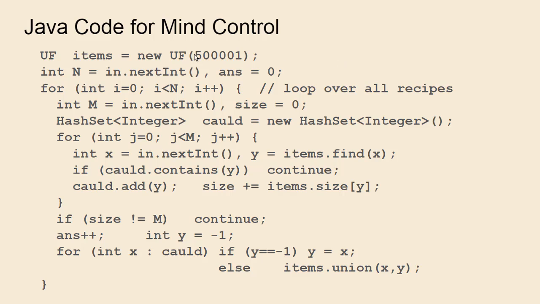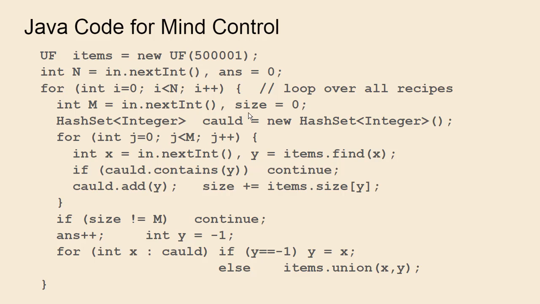We create this UnionFind because the problem says at most there's this number of items, so that's the size we initialize it with. We first read in the number of recipes, and initially answer is 0. This is how many recipes we can make, and then we loop through all recipes. For each recipe, we read in the number of items on the recipe.